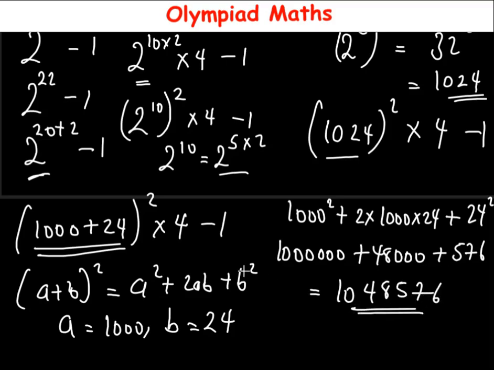And we've solved for 1000 plus 24 squared. Don't forget that it's multiplied by 4 and minus 1. So we have 1,048,576, then times 4, then minus 1.